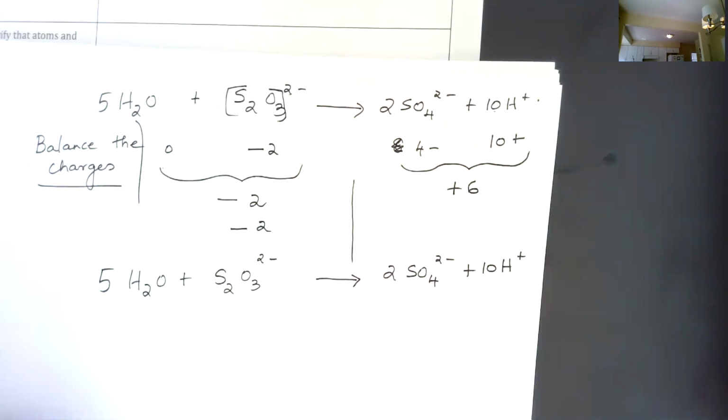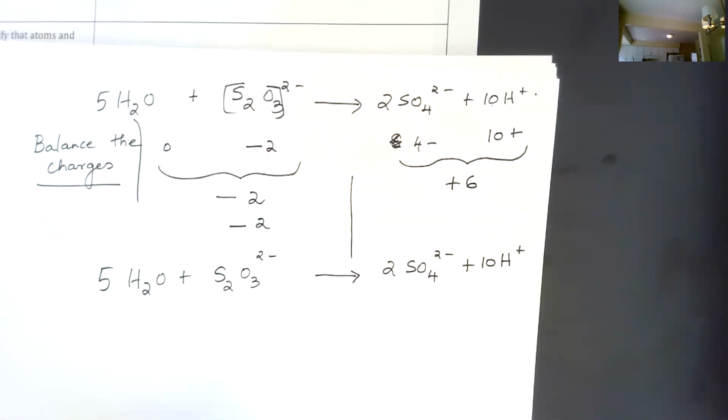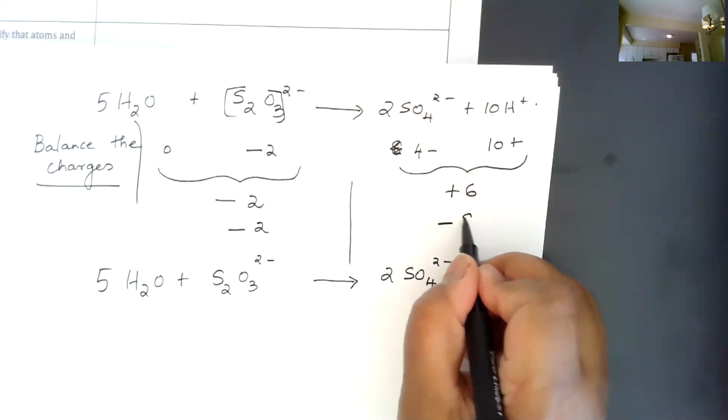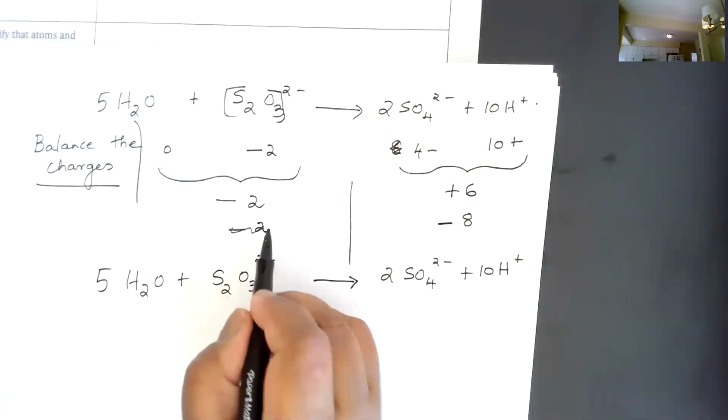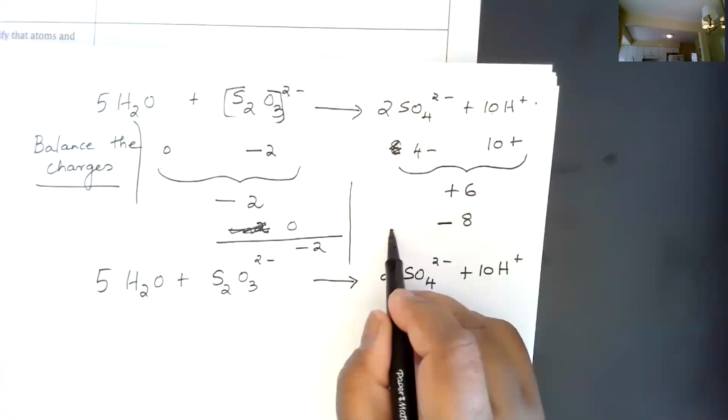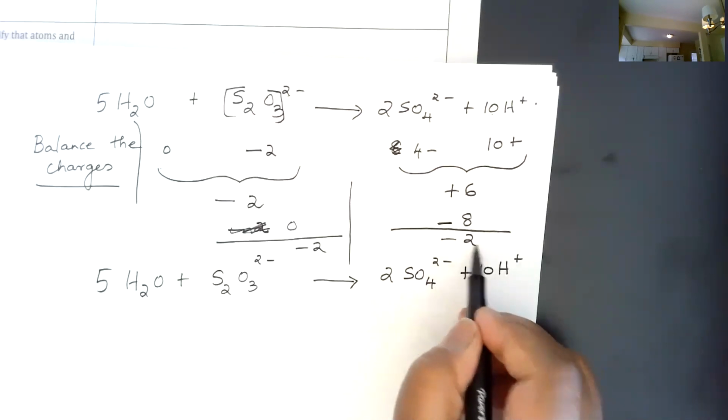So 8. 8 electrons, since they're a negative charge. So you're adding 0 here, -2, and this is -2.